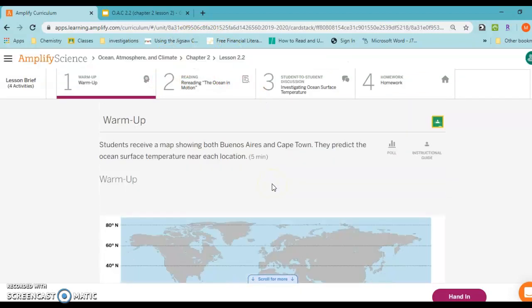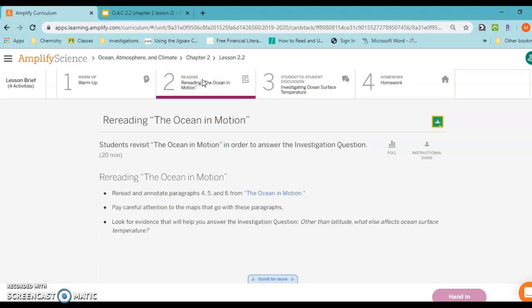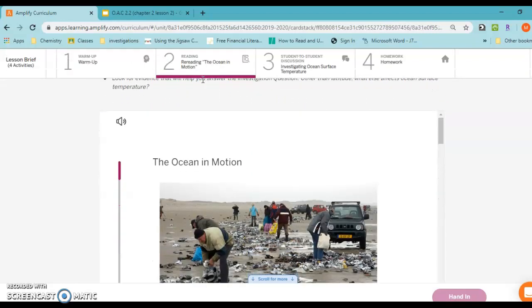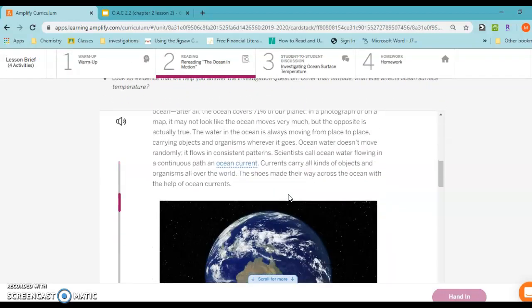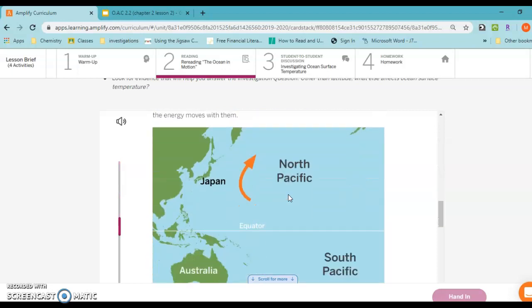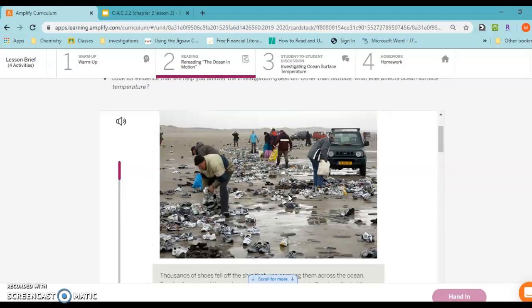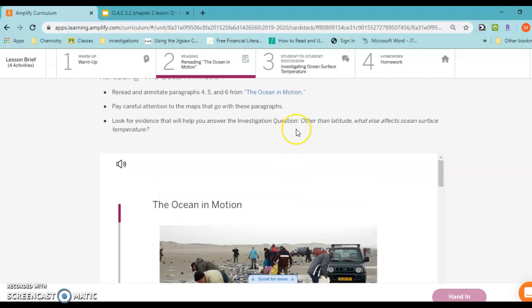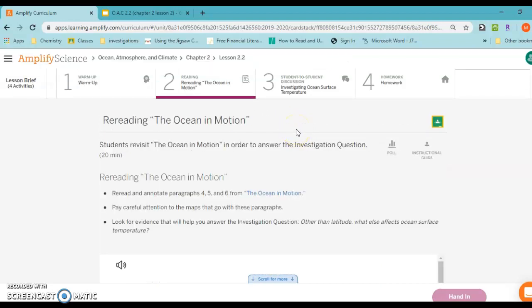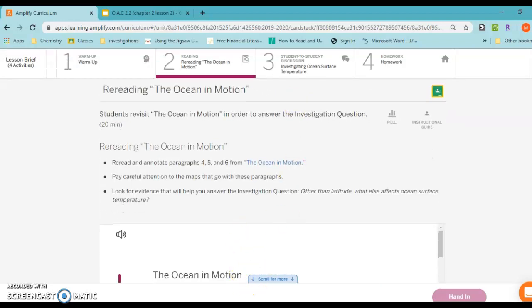So after you complete your warm up, we are going to move on to rereading Oceans in Motion. Here you'll see your same article and your annotations from last class should already be there. Ms. Jackson's using her account instead of a student account today, so there are no annotations because I didn't annotate my own last time, but you guys should see yours.